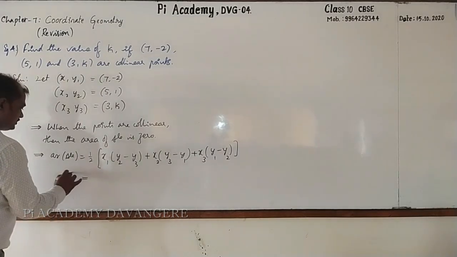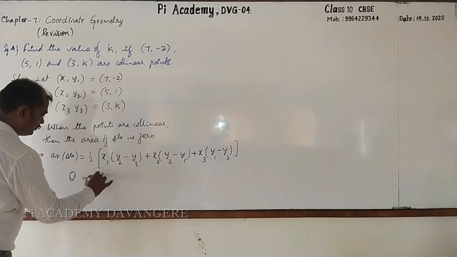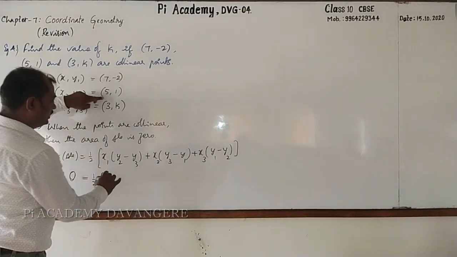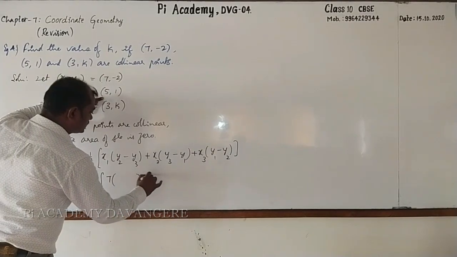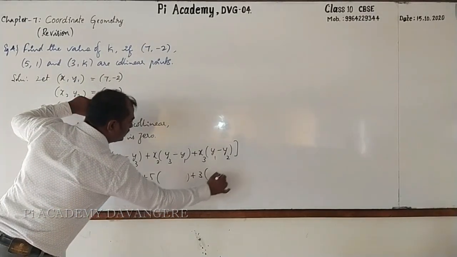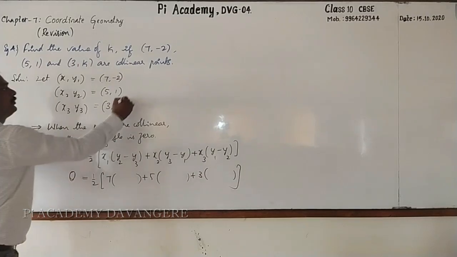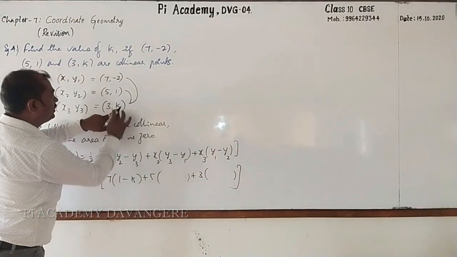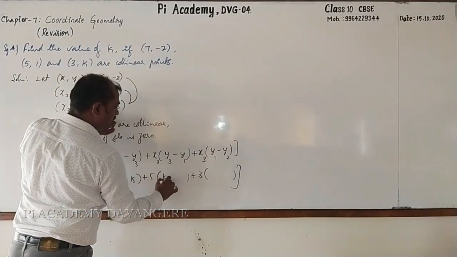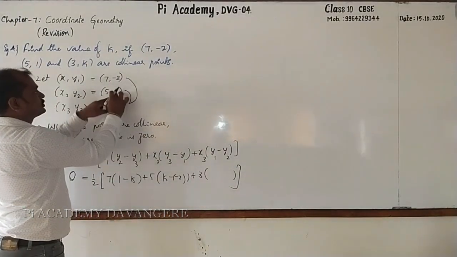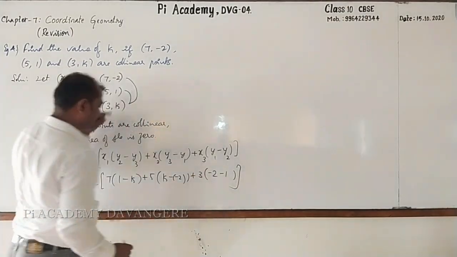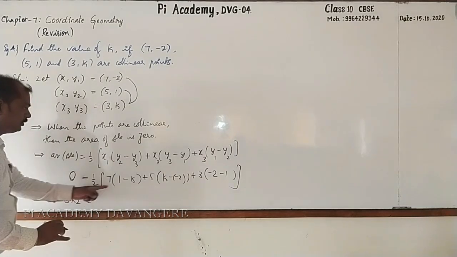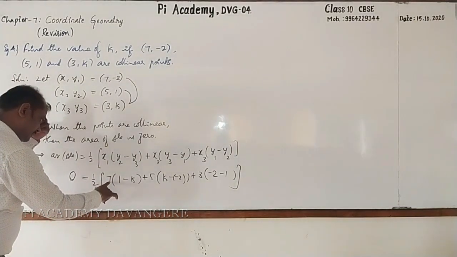Area of the triangle is 0, so 0 equals half into, then first take x1, x2 and x3: 7, 5 and 3. 7 into plus 5 into plus 3. Next, follow this one: 1 minus k, minus of minus 2, minus 2 minus 1. This is equal to cross multiply. 0 into 2 is equal to, it is multiply.